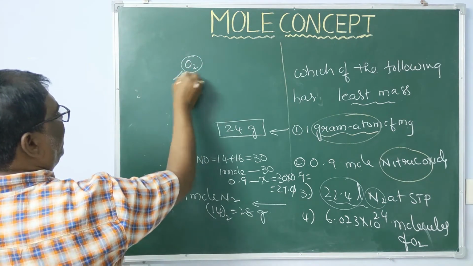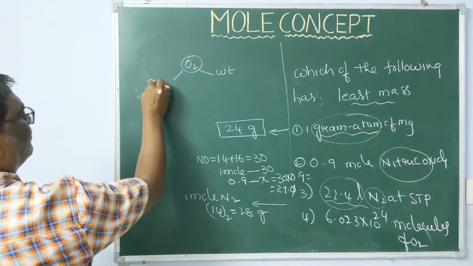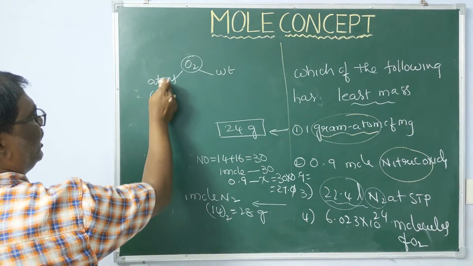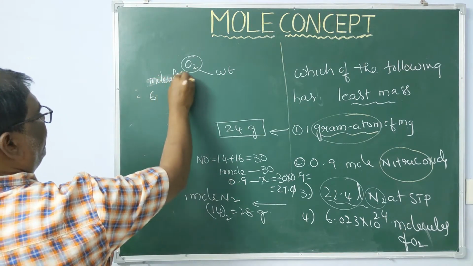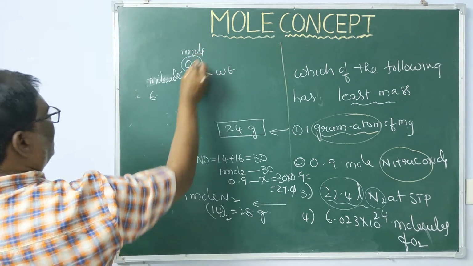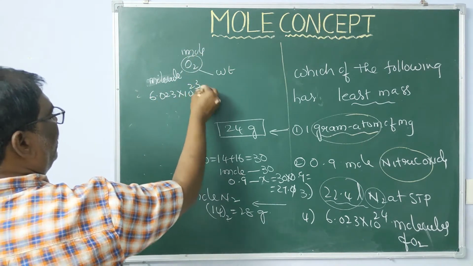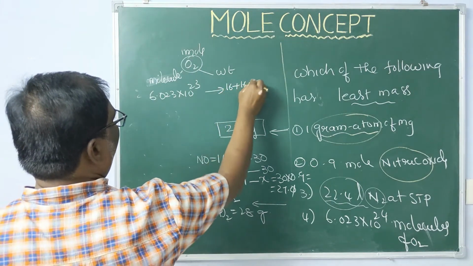In oxygen we have to find out weight. Now here molecules are given. How many molecules are there in 1 mole? 6.023 into 10 power 23 molecules weigh how much? 16 plus 16 means 32.